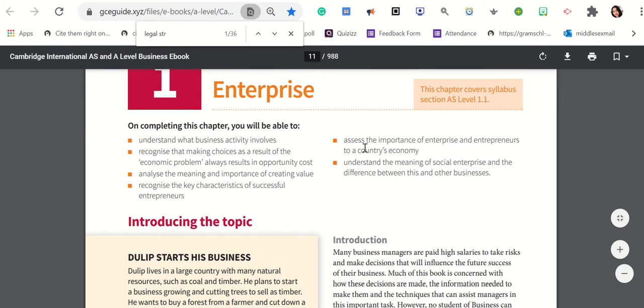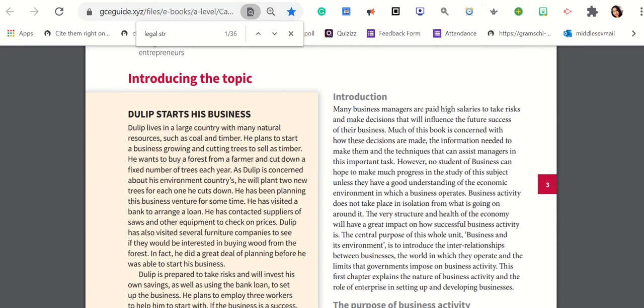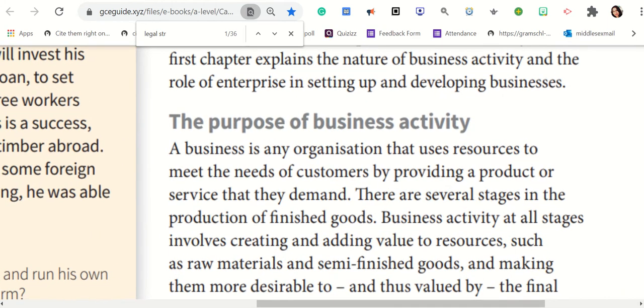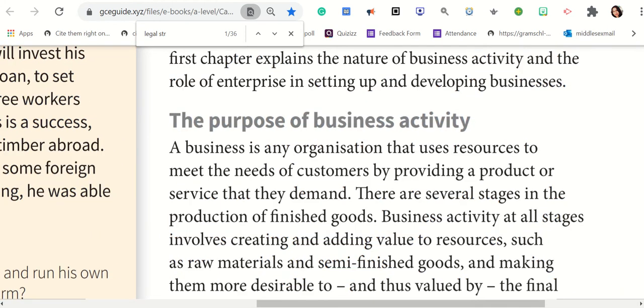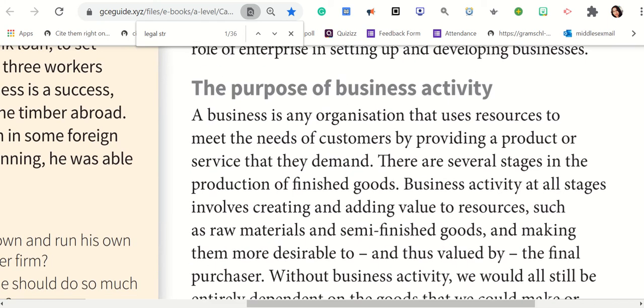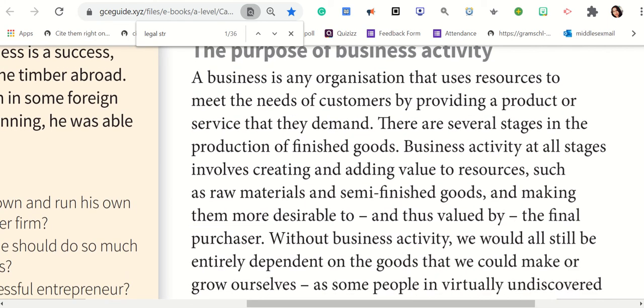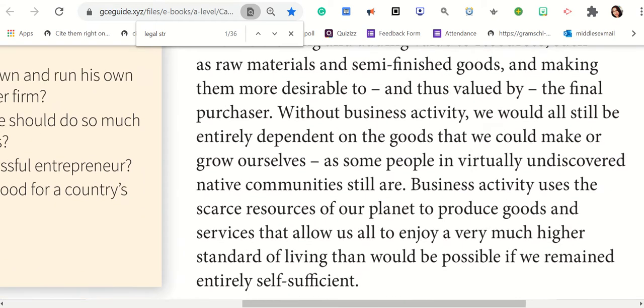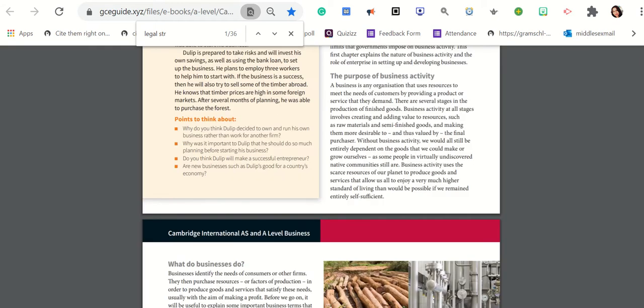Now let's list down all the key words, the key vocabularies which is needed. So you can see business activity is a key word, raw materials, semi-finished goods. So these are some of the key words that you should remember.